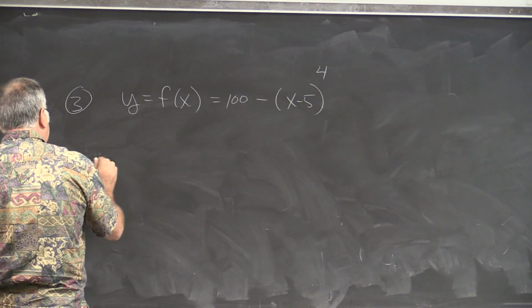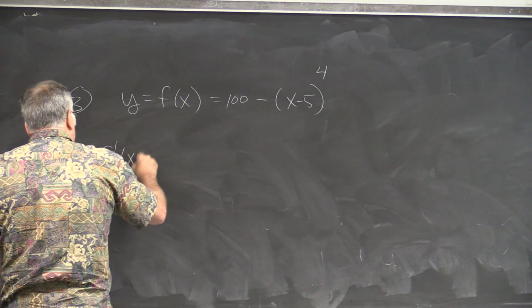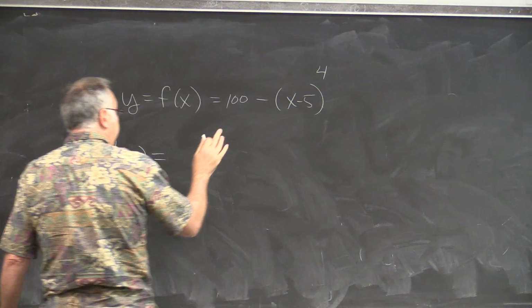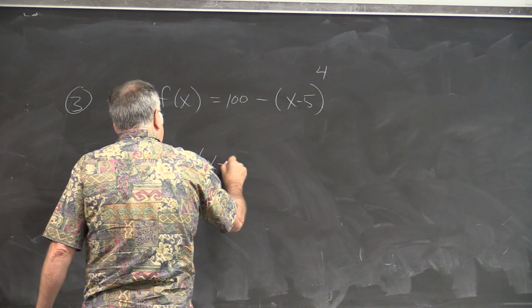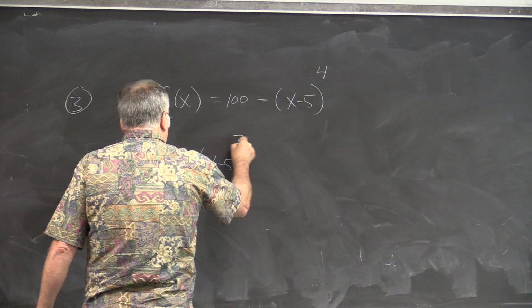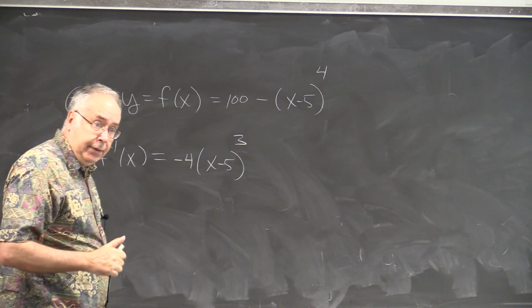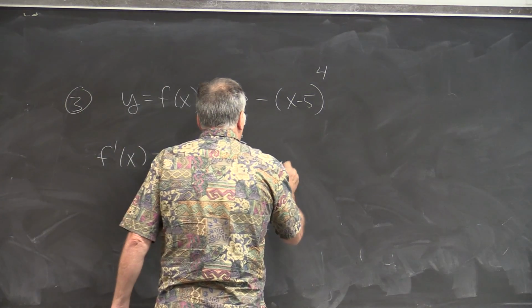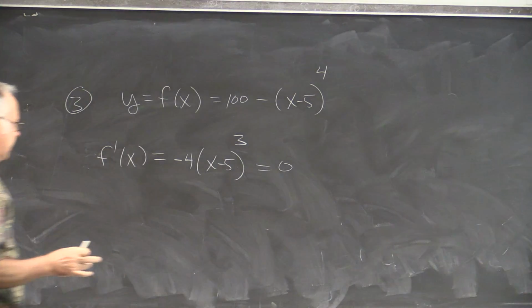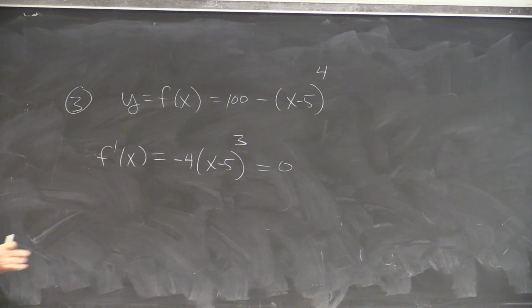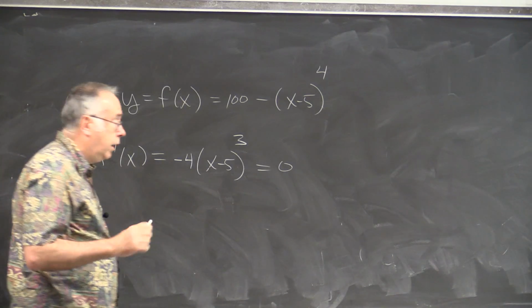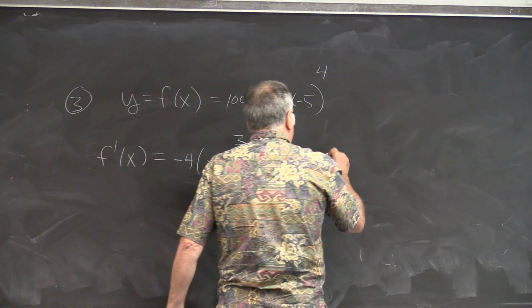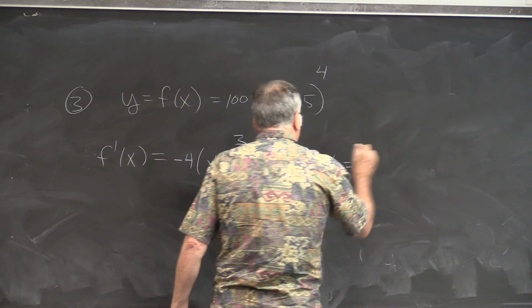Take the first derivative: minus 4 times x minus 5 to the 3rd power. Set this equal to 0. It's obvious the only way this is going to be 0 is if this term within parentheses is 0. So the critical value of x is 5. Okay.